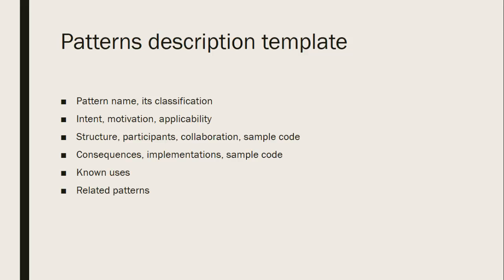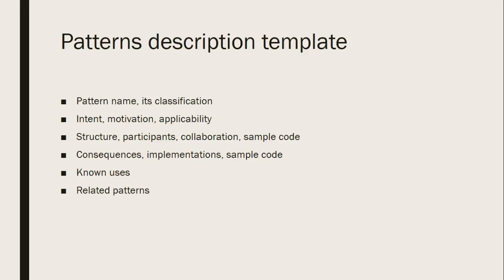And then we identify the structure for the design, the classes participating in the design, and collaboration and sample code. And then we identify the consequences, that is the limitations or the drawbacks of the design, things the design cannot do or will do with limited use. And implementation, that is programming language relevant details, and sample code.